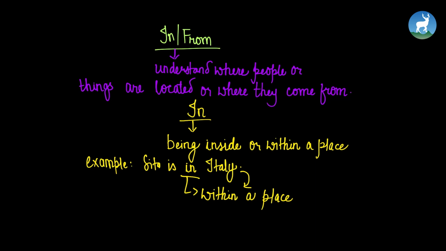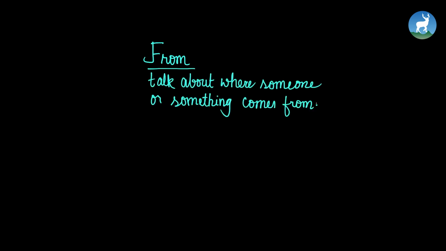Now let's move to learn where do we use from. From is used when we talk about where someone or something comes from. So when we have to talk about where someone or something comes from, we use from. Let's take an example again for from.